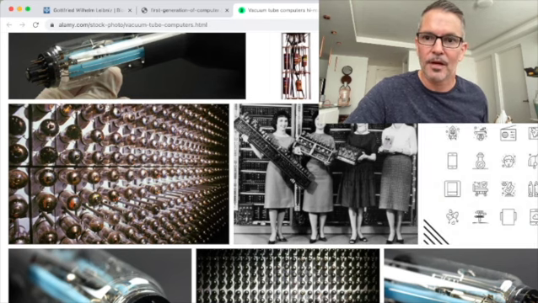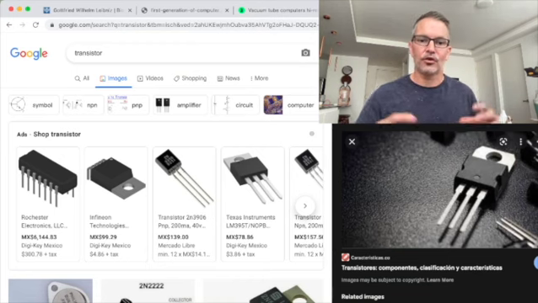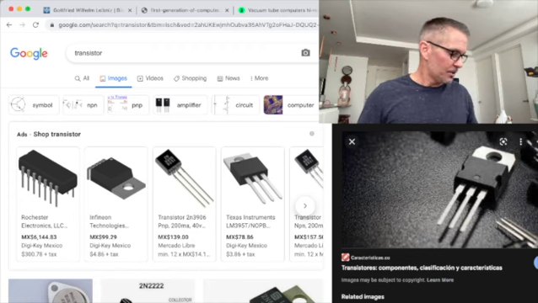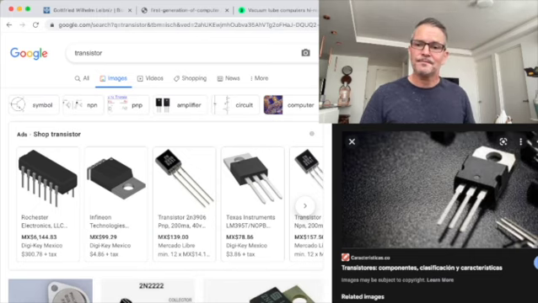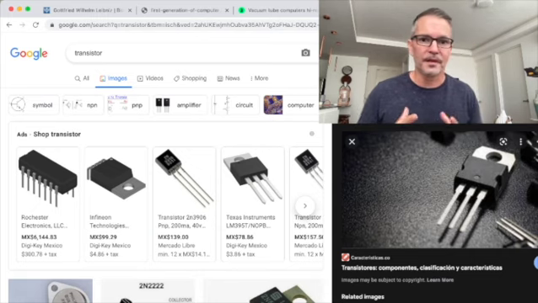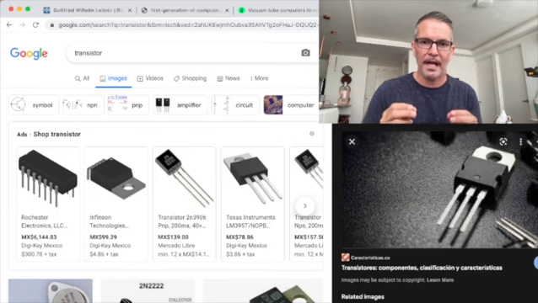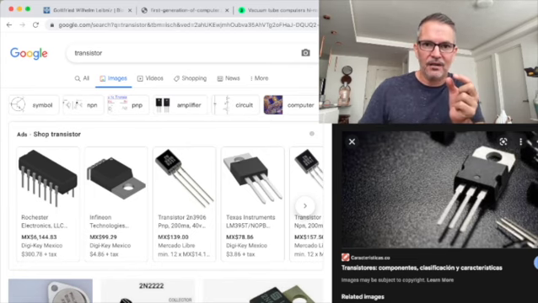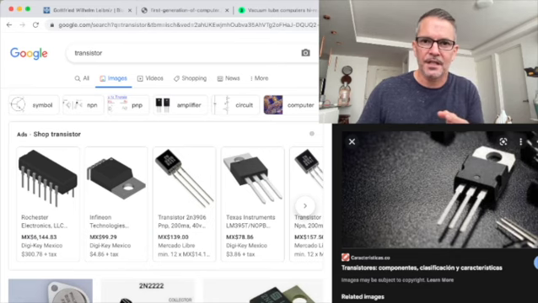And then we come along for the creation of the transistor, which happened, I recorded to you in one of our last videos, right around 1947. And really the computer revolution takes off, because now we have an invention that allows us to store information using electricity without taking up a lot of space.